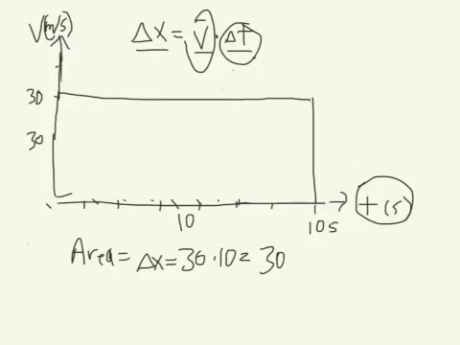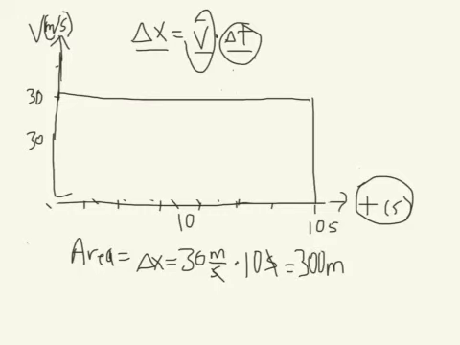Wait. I'm setting a bad example. Always use units. 30 meters per second times 10 seconds. We can see the seconds cancel. We get seconds over seconds, which leaves meters as our unit, and our number is 30 times 10, 300.